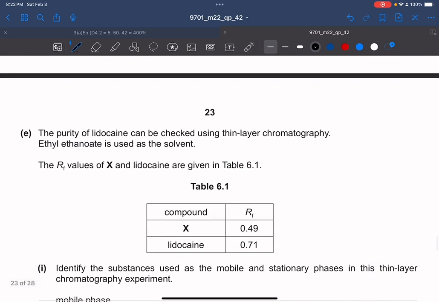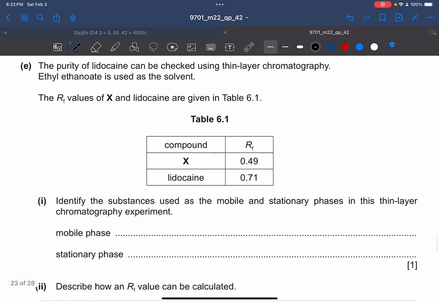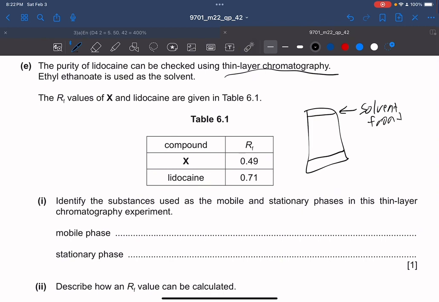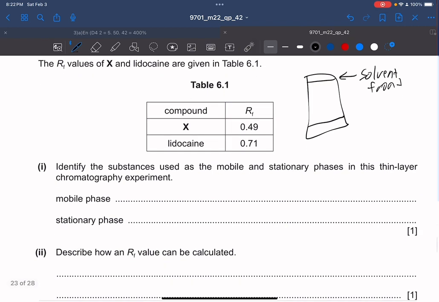All right, next on. So this is going to be thin layer chromatography, which has a fancier name, but it's really just the chromatography that we know from primary school. It's just more in-depth. Here, the first part of the question is asking about the mobile phase and the stationary phase.